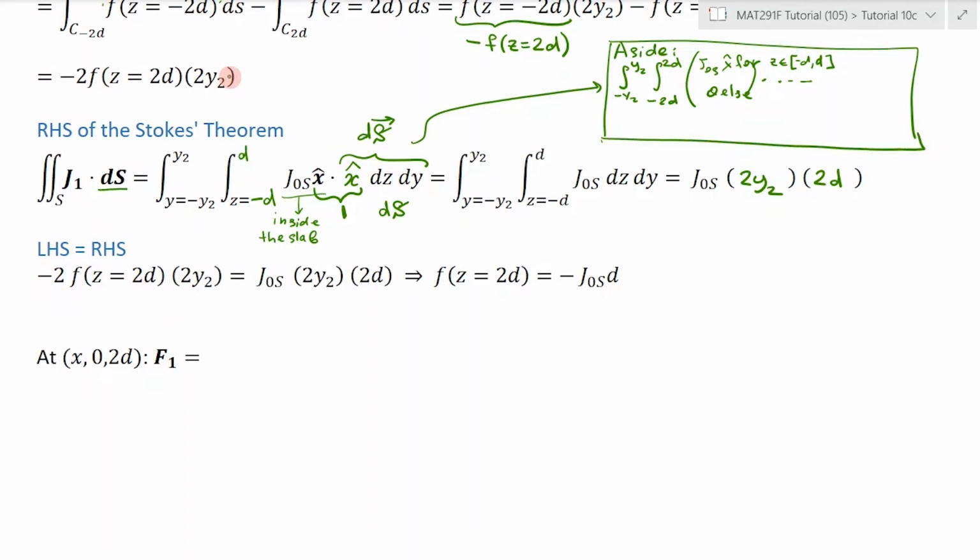It's right here. The right-hand side is from here, just copied. Then I canceled a bunch of things. For example, I canceled this. I also canceled this too. And then you see on the left-hand side we have negative of the y component of the field. So then flipping the signs on both sides, I got negative and then j naught s times d.